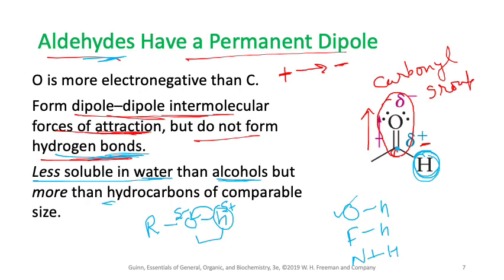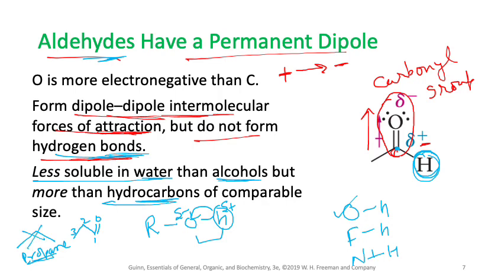But if I compare with any hydrocarbon, what are hydrocarbons? They can be alkene, alkane, alkyne, or aromatic compounds. So if I compare with any alkane, let's say you have a 3-carbon alkane, what's this? Propane, right? And if I compare with the same 3-carbon aldehyde, 1, 2, 3, the aldehyde has a dipole, but the alkane doesn't have any dipole.